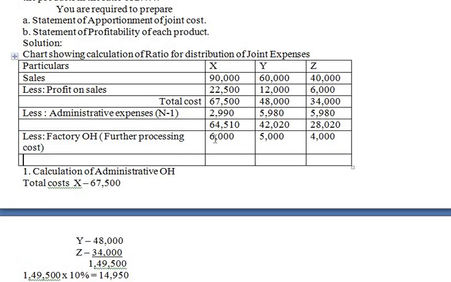Now the balance is 58,510, 37,020, 24,020. Now this is called joint cost.